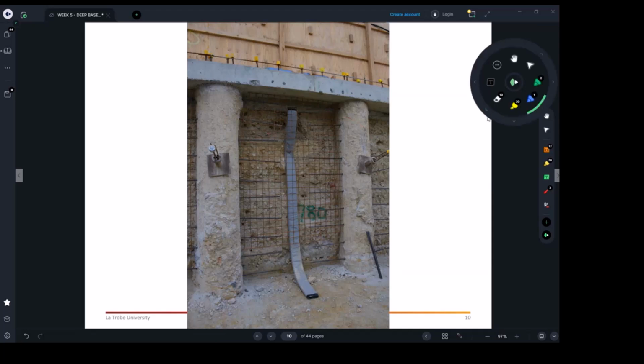So if this was your retention system, let's say this was the piling, the shotcrete wall is in the middle here. They leave a gap here, say 100 mil, and there's going to be a stud timber wall. That was because here we had classrooms, right?